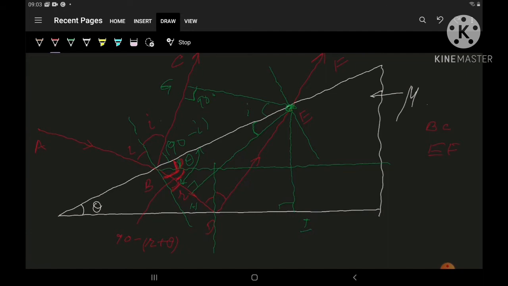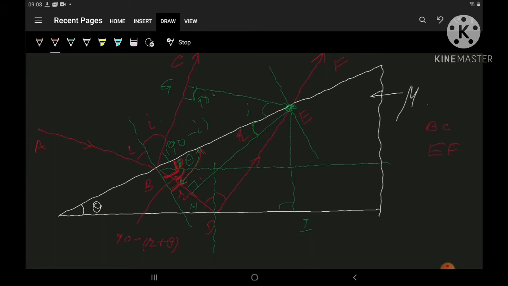So if this angle is 90 minus (r plus theta), then this angle will be equals to 90 minus r. So if it is 90 minus r and this is 90, so this angle will be equals to r.